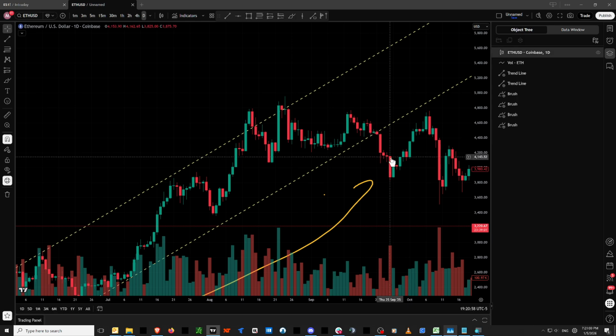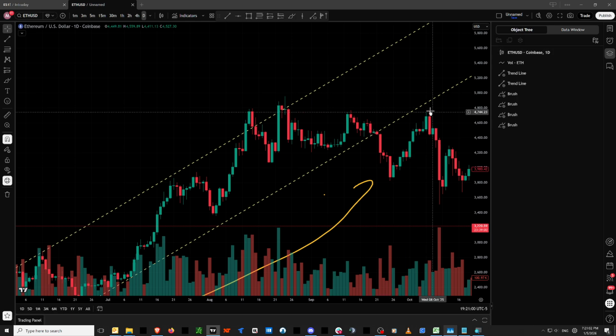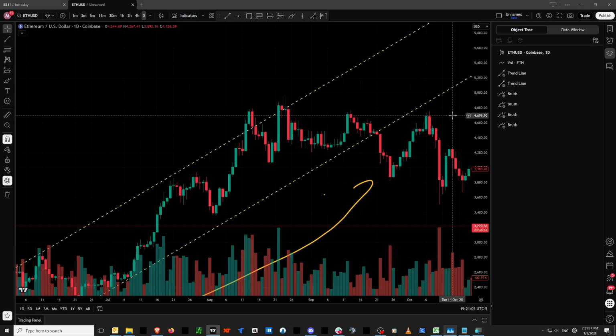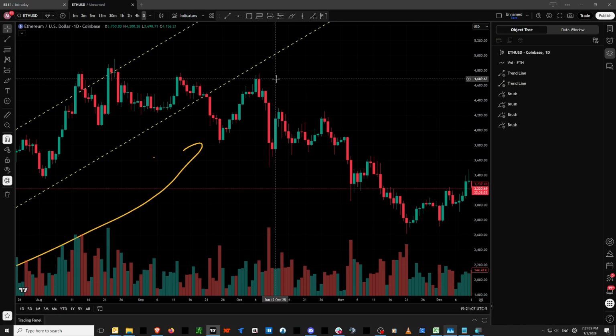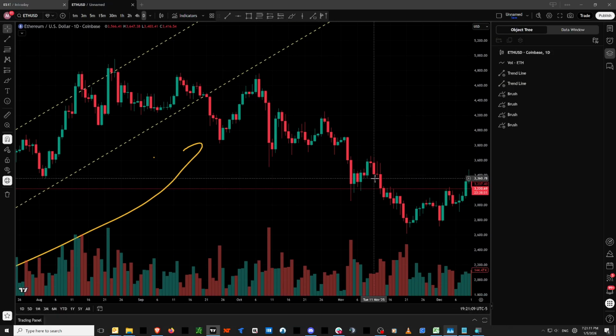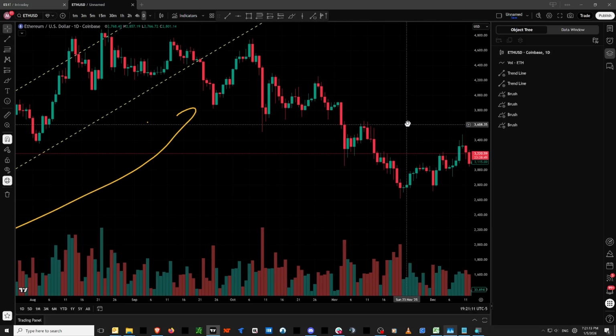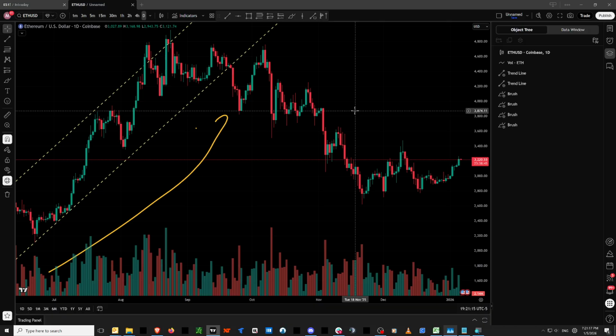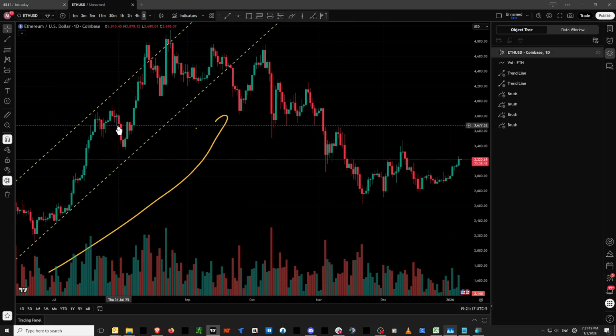So you have the break. Here's your retest to see can we get back inside that channel, and the answer is no. And fine, we accept the new direction. Now, we don't have a lot to go with here on this chart. Let's go to a lower time frame.